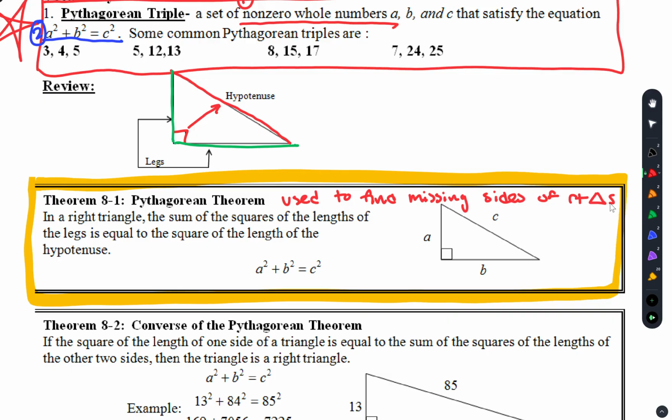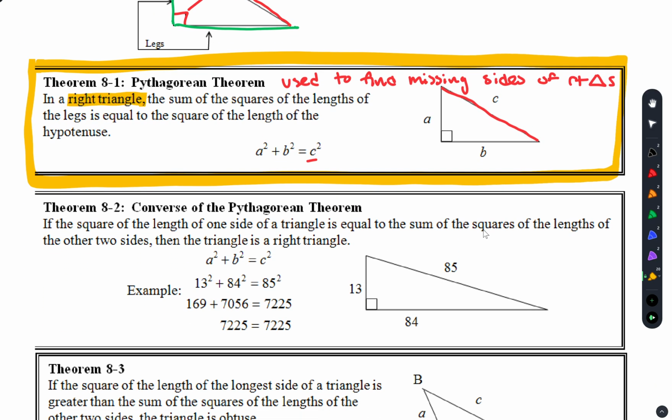It says we can take the two legs and the hypotenuse of our triangle and set them up in this formula, a squared plus b squared equals c squared, where c is the hypotenuse of that triangle. Again, this only works in right triangles, so we have to have a right triangle first before we can use the Pythagorean theorem.